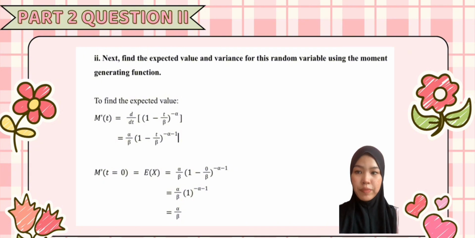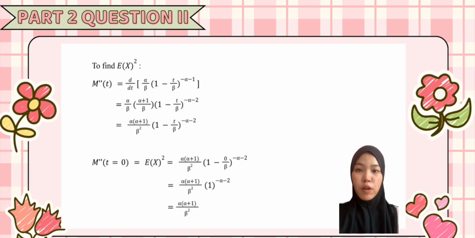After I substitute the value of t with 0, the final result for the expected value is alpha over beta. Then, to find the variance, we must find the expected value of X squared first. To find it, we must differentiate again, which is the second derivative of the moment generating function.